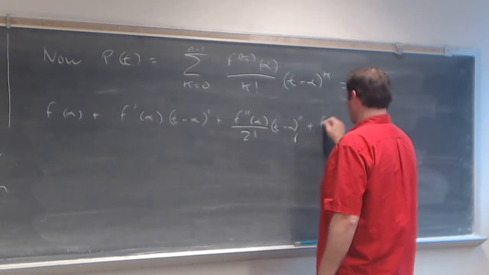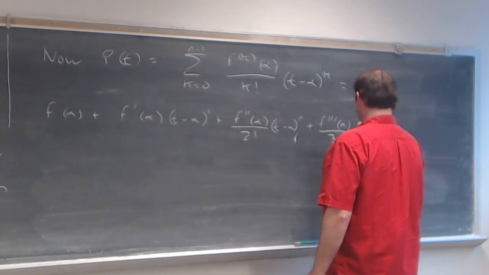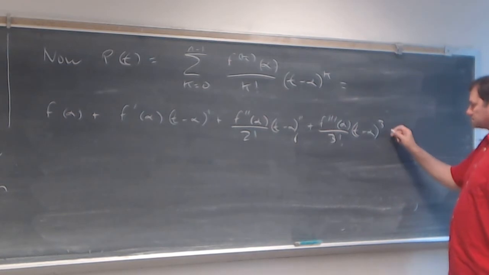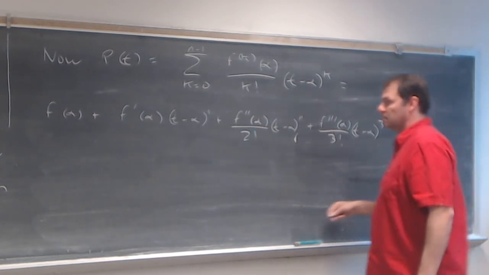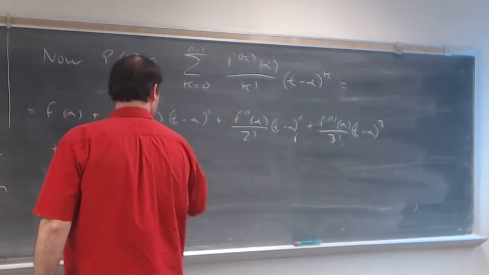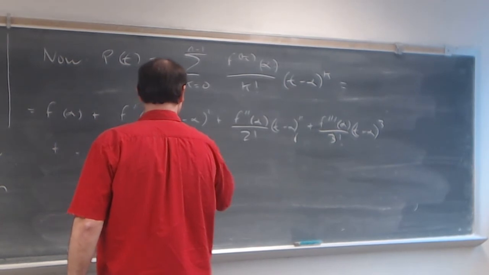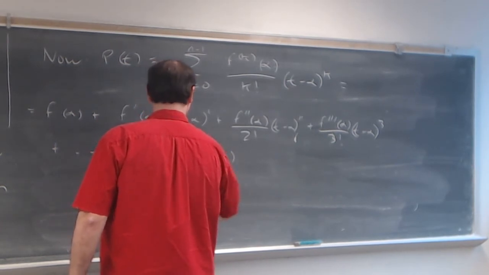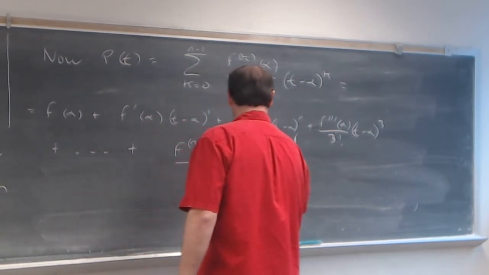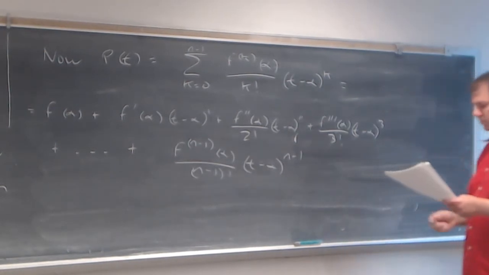So here we have the third derivative, evaluated at alpha over 3 factorial, t minus alpha to the third. And then finally, we keep going, plus the last term is going to be f to the n minus 1 at alpha over n minus 1 factorial times t minus alpha to the n minus 1. And that's what we're going to get.